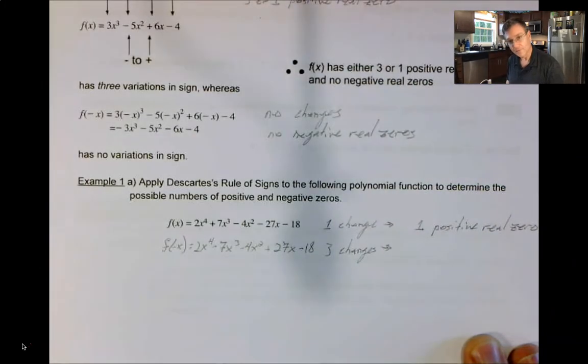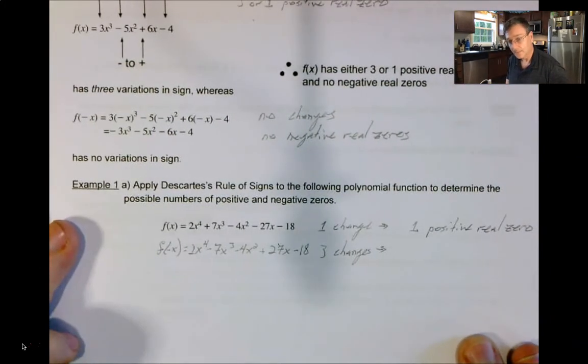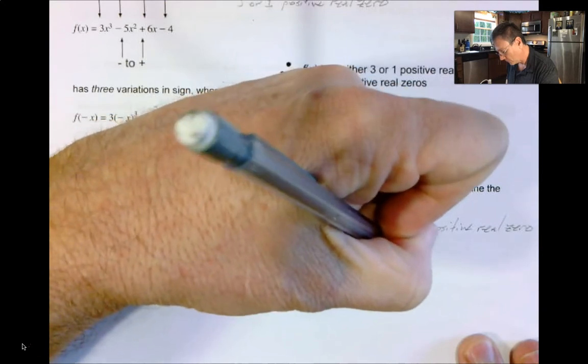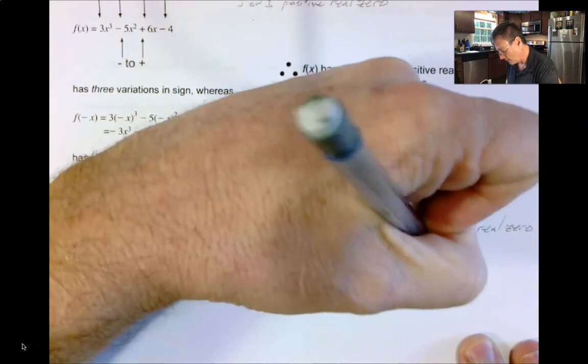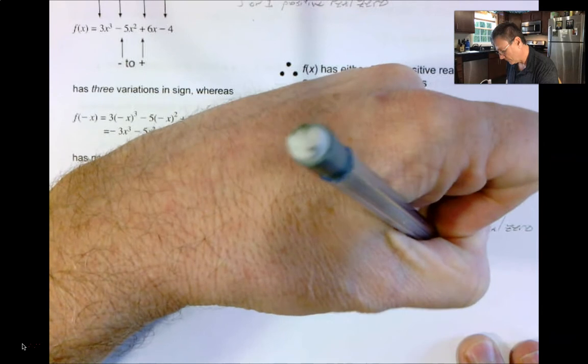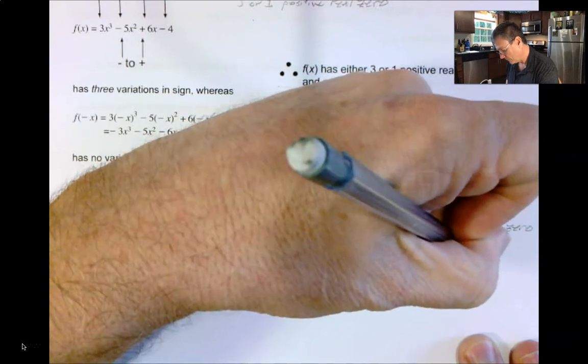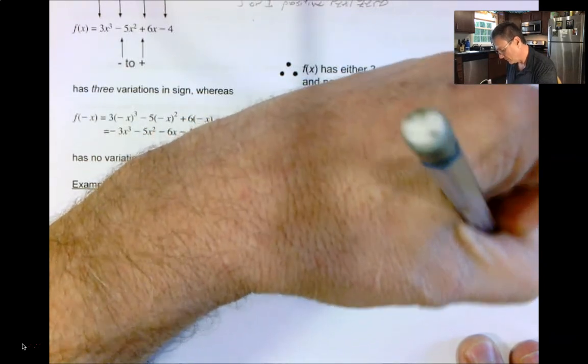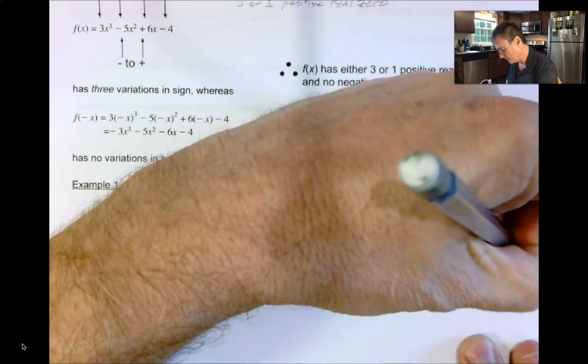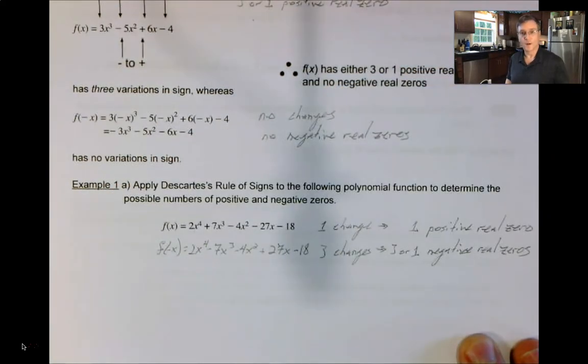Means that we have 3 or 1 negative real zeros. So there's 1 positive and 3 or 1 negative real zeros.